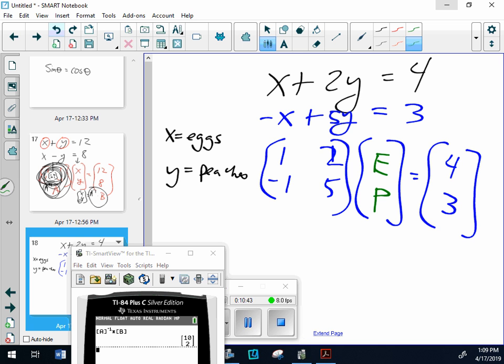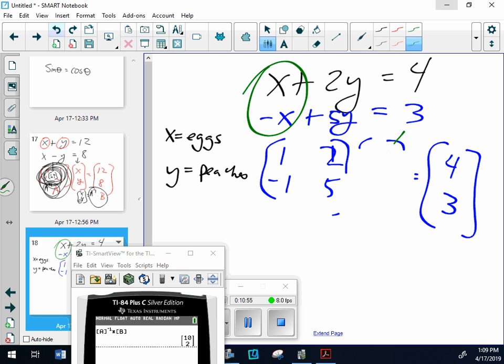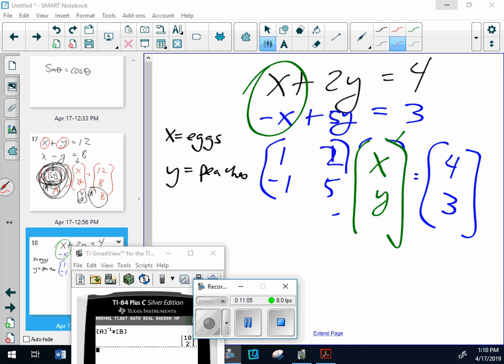You got to think. The first column has to be the first number you put in. So I chose to have x's first. Therefore, this has to be an x first. This has to be x and then y. If you used E first and then P, then you have to have E on the top and P on the bottom. Pausing for a second here. Okay, now, in the end, when we're all done, we are going to be asked for, like, how much did peaches cost?